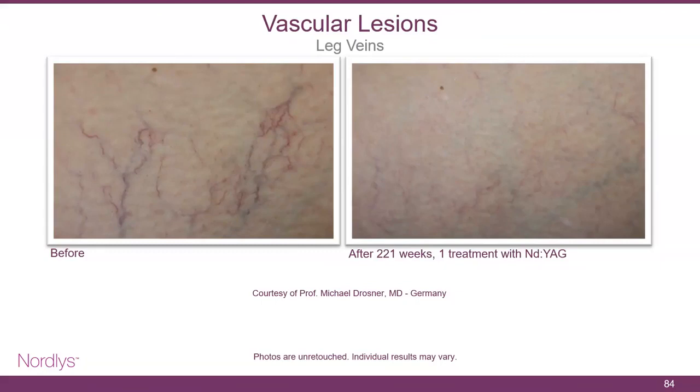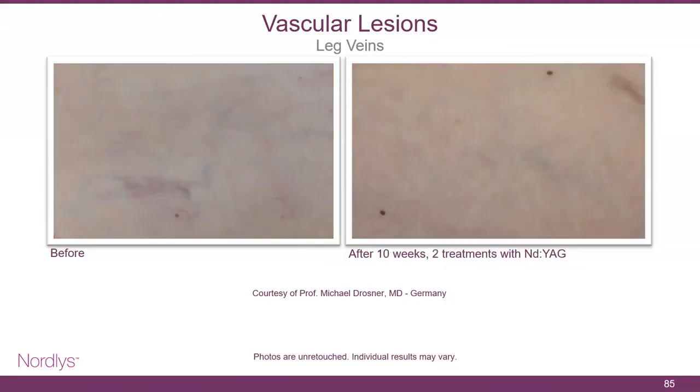So with your YAG, you'll be able to treat the very small and the much larger vessels with one handpiece, just changing your pulse durations and fluences accordingly. This was 2 treatments, but as you can see, pretty much completely cleared.